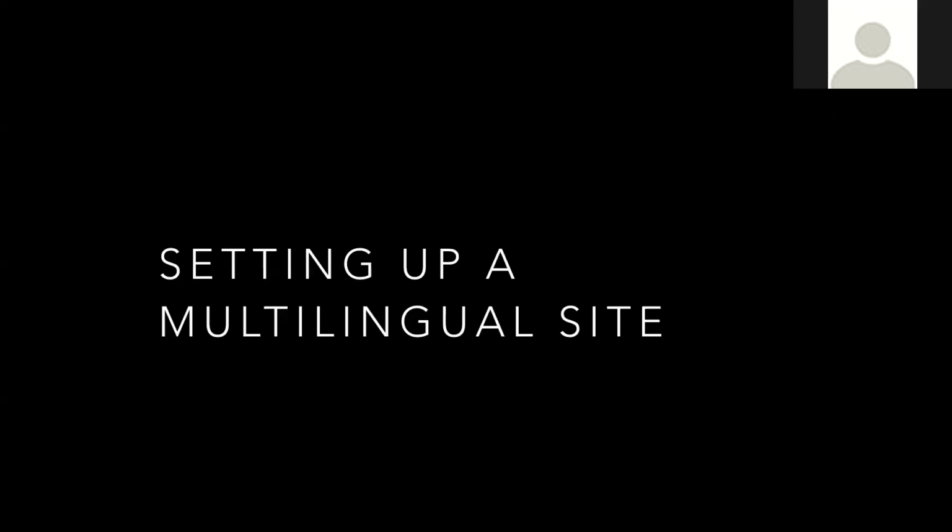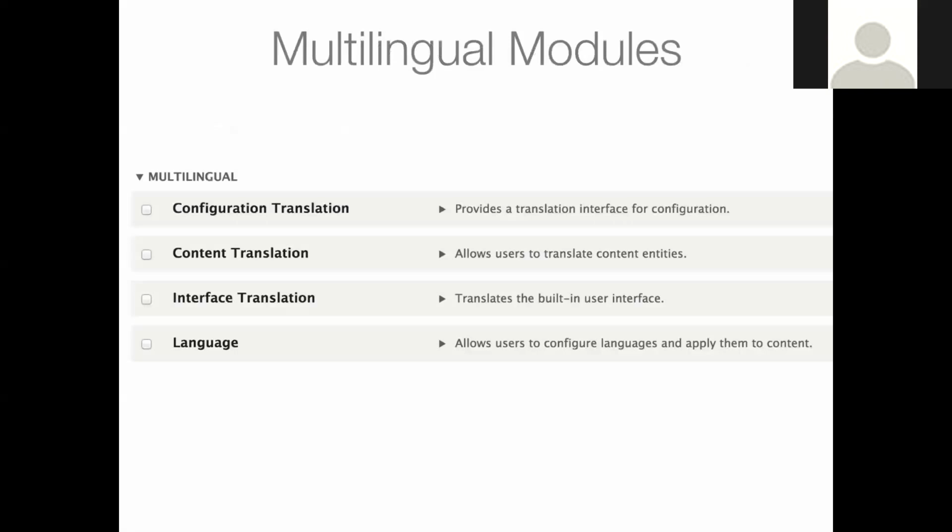For most of us, we're here because we want to have a website in multiple languages. For this use case, we need a couple more modules. If you go to the Extend page in Drupal 8, you'll see that there are 4 multilingual modules in Drupal core, and things are really nicely divided into these 4 modules.